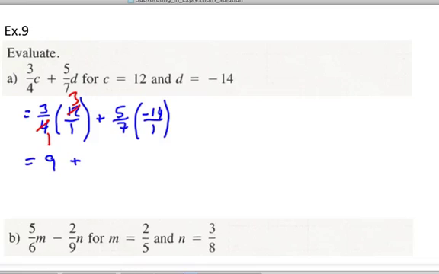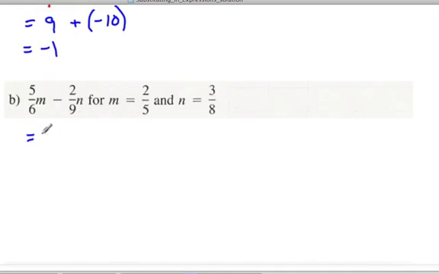Plus, and we're going to simplify here because 7 goes into itself once and into negative 14, negative 2 times. So you end up with 5 times negative 2 is negative 10 over 1 times 1, which is 1. So negative 10 over 1, which is just negative 10. And 9 plus negative 10 is negative 1.